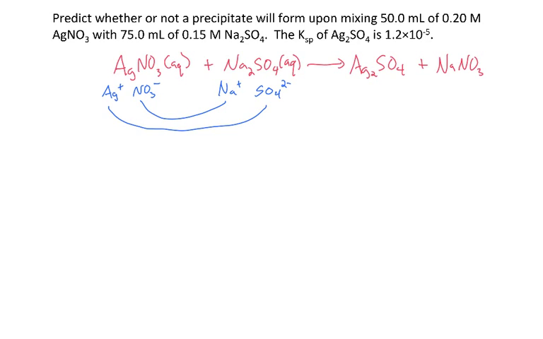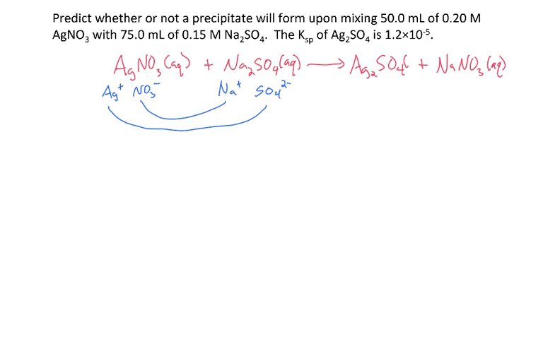In order to know whether or not a precipitate will form, I'll have to know which ones my solubility rules would predict would be insoluble. If I look at my solubility rules, I see that all common nitrate and sodium compounds are soluble, so we would expect that one to be aqueous. Under the solubility rules, most sulfates are soluble, but one of the exceptions is silver.